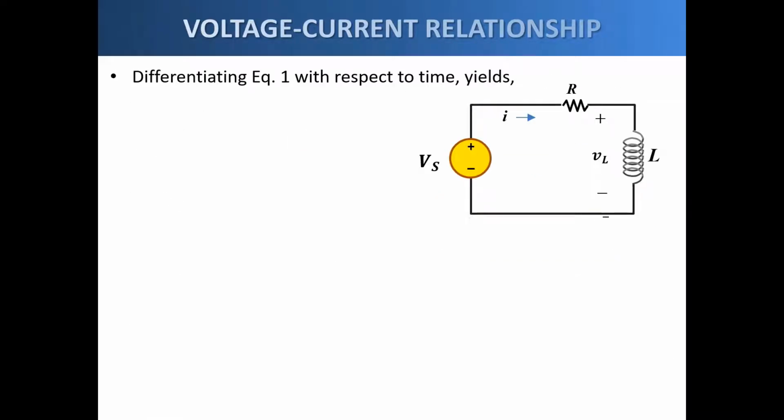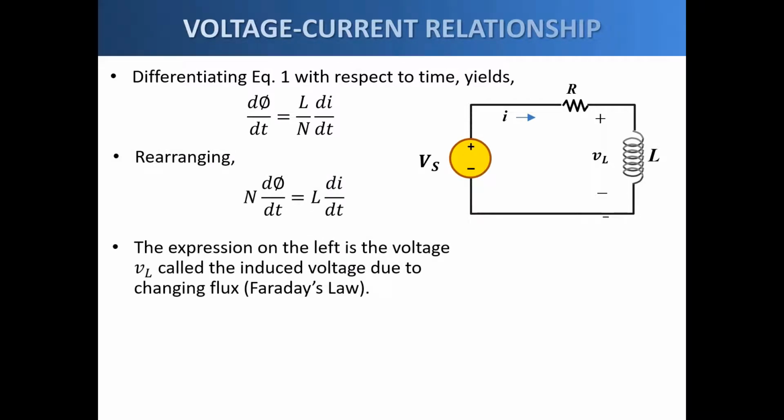Let us try to differentiate equation 1 that will give us this equation. And let's do some rearrangements. We will notice that this expression on the left gives us the voltage across the inductor.